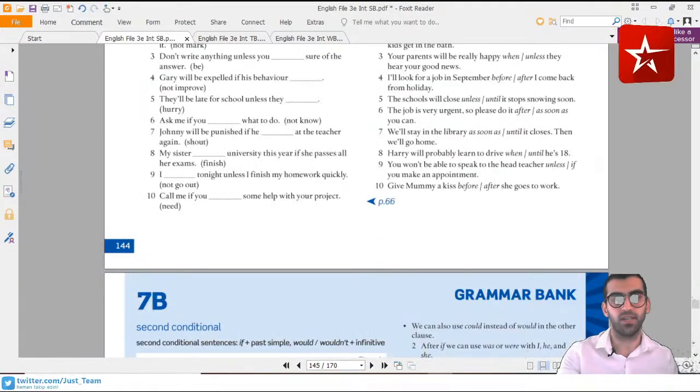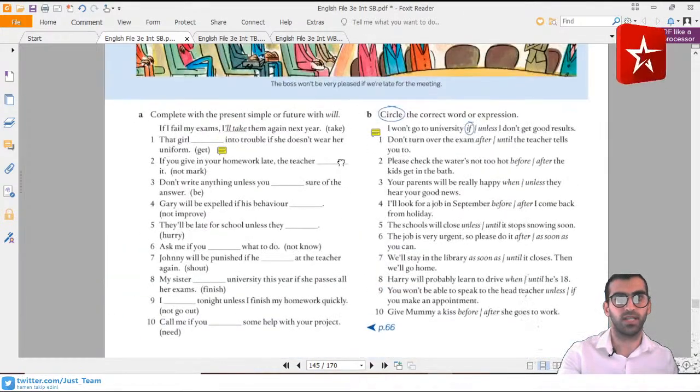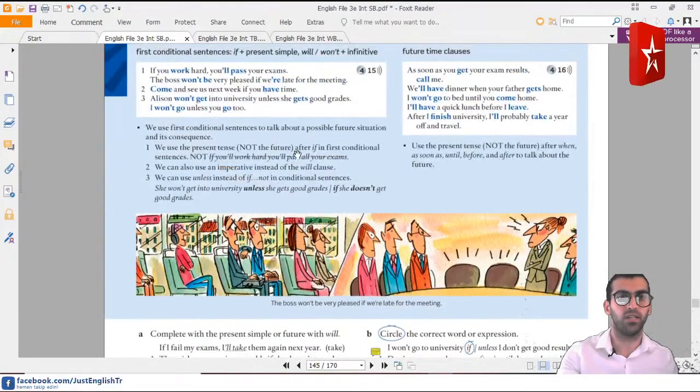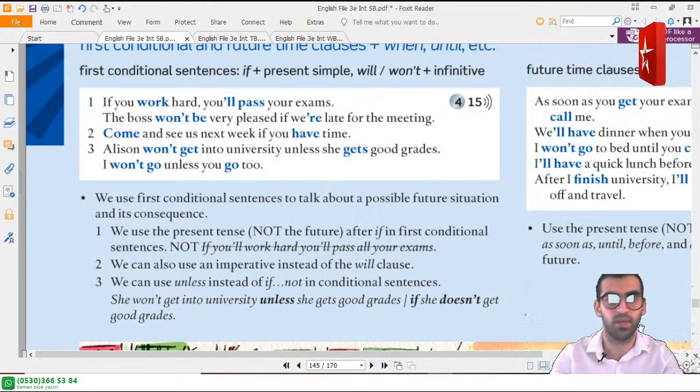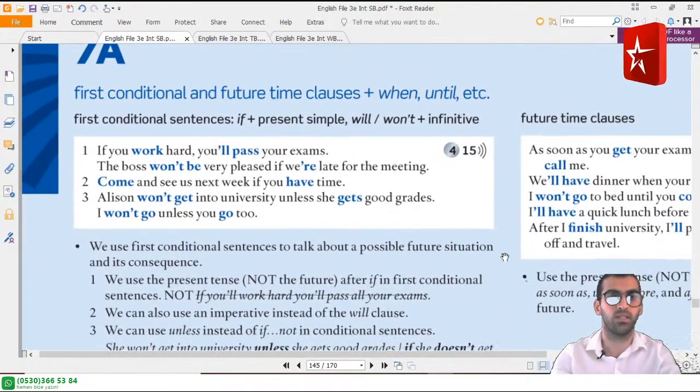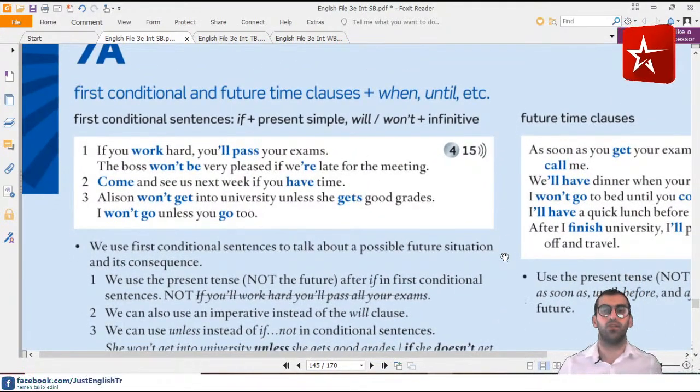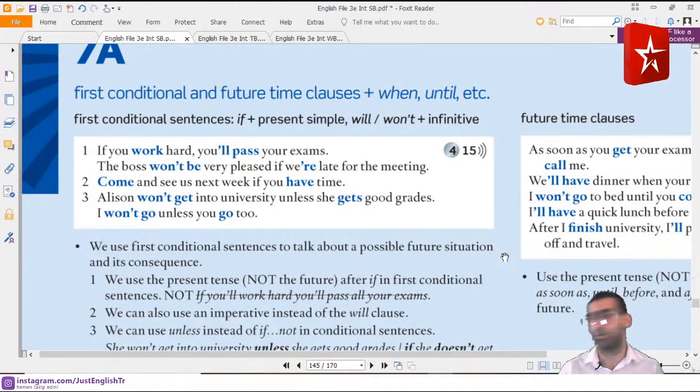Do you have any question for first conditionals? As you know, in the first part of the lesson, I talked about the first conditional rules, like why we use first conditional sentences. We use first conditional sentences to talk about possible future situations and their consequences.